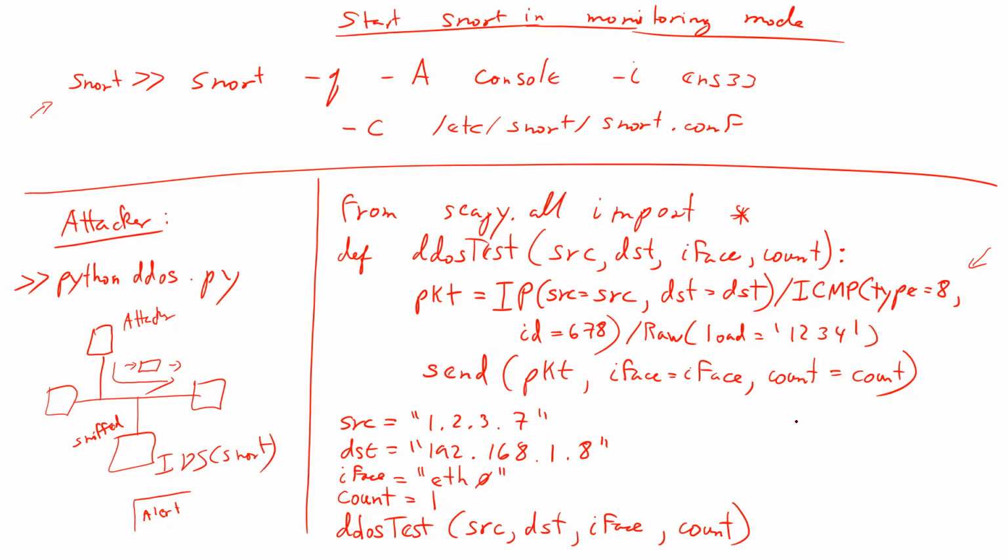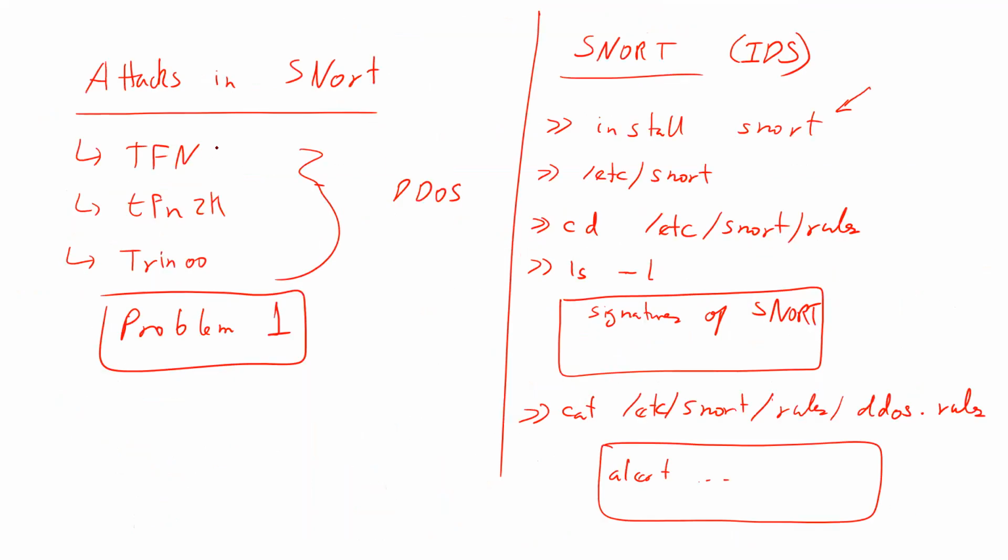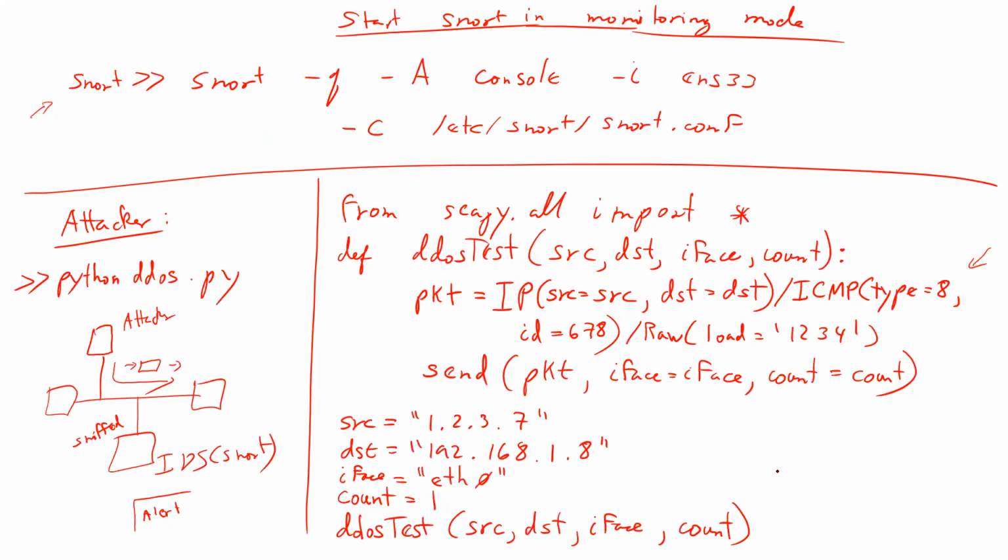For instance, TFN. That's why you need to look at the DDoS.rules file to figure out that packet is for TFN. In the terminal, it'll say alert TFN detected or something like that. It triggers an alert. That's literally all that happens.